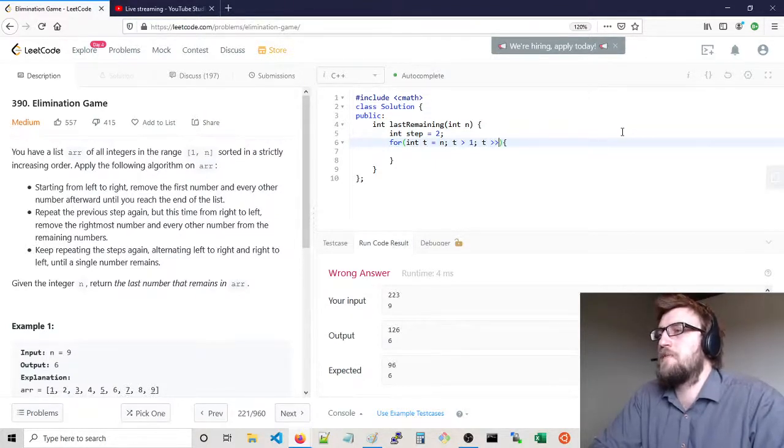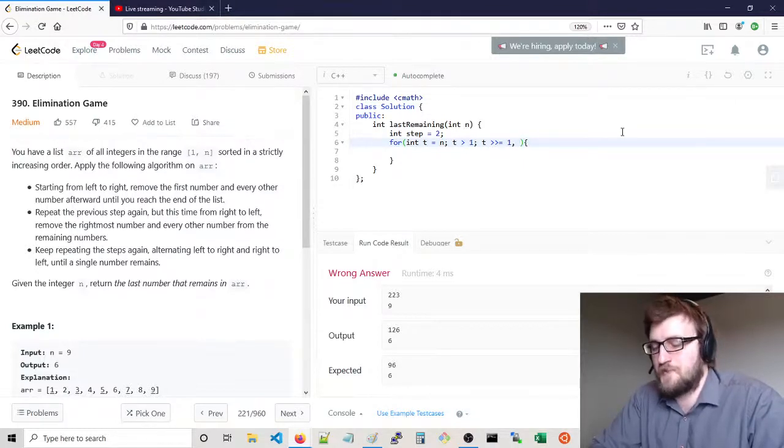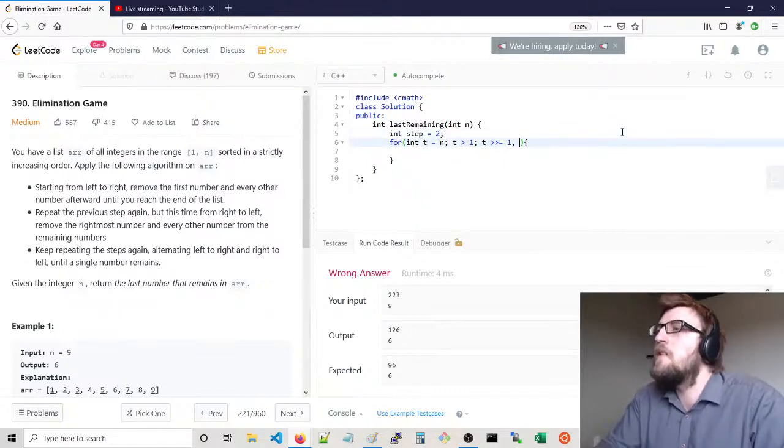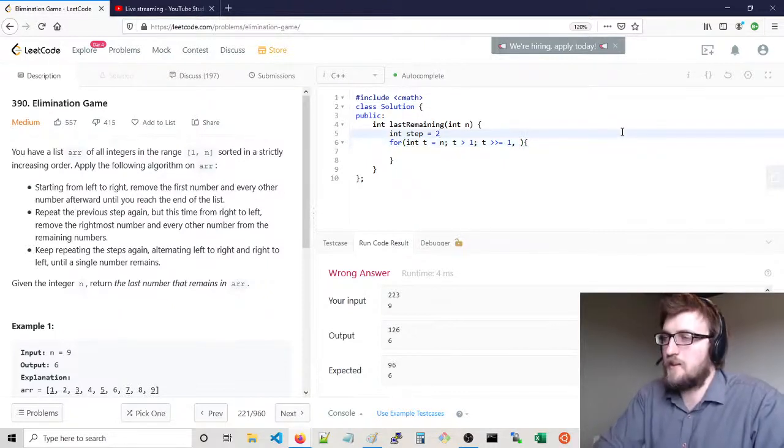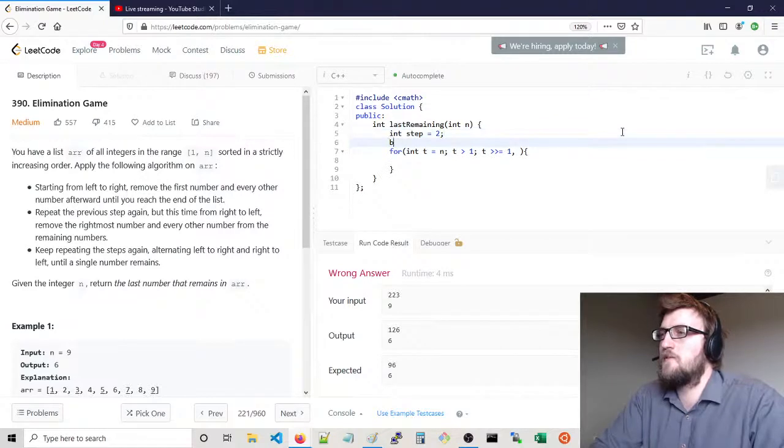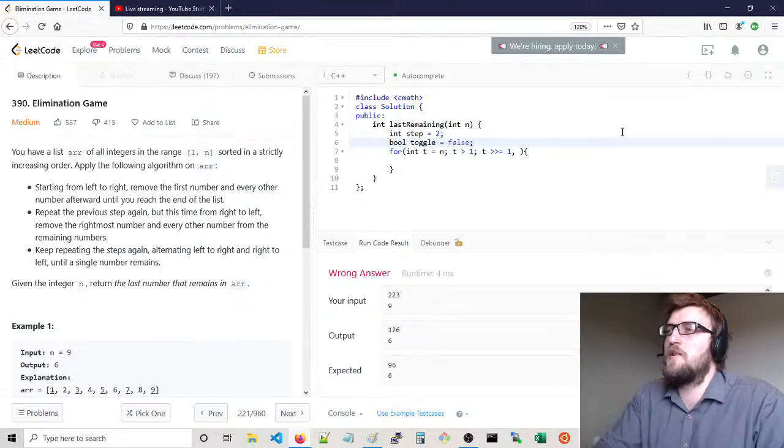We're going to bit shift t to the right 1. Divide t by 1 at each step. And we're also going to have a toggle. True. We'll start with true.